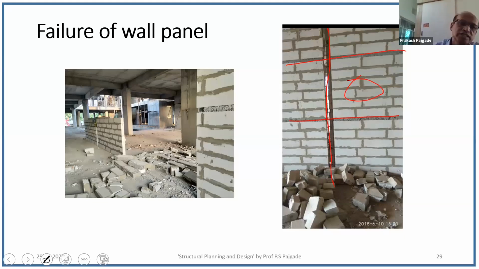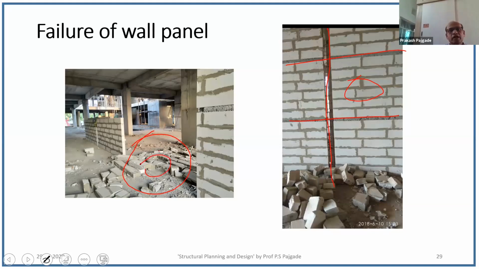Now you can see here, there was a brick panel, and during construction, initially this concreting was not done, and these panels were not supported. So because of small wind or even small jerk, these brick panels can be easily overturned.